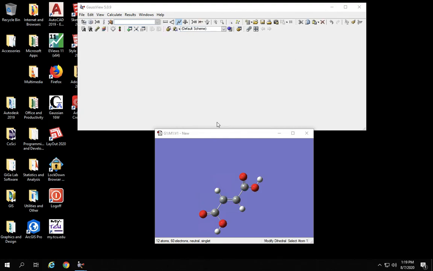This particular molecule is probably going to have at least 3 different local minima geometries. One where both of the OH groups are on the same side of the molecule, and one where both of the OH groups are on different sides of the molecule. So 2 different local minimum geometries, actually 3, because they're going to be both with E versus Z configuration of the C double bond O versus the middle bond.